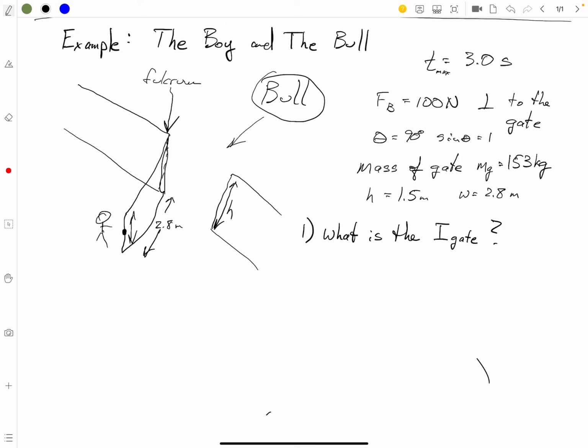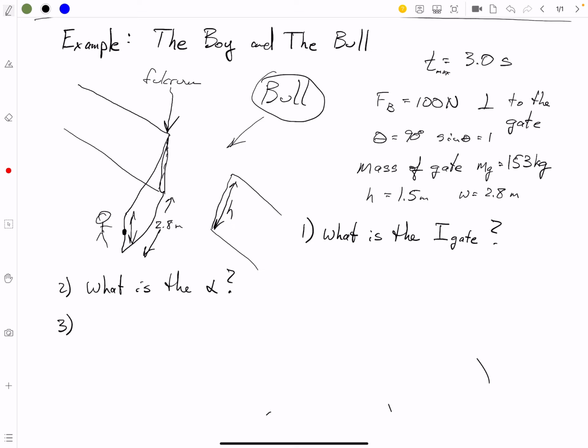We also want to know what is the angular acceleration of the gate. And then third, there's one other thing.